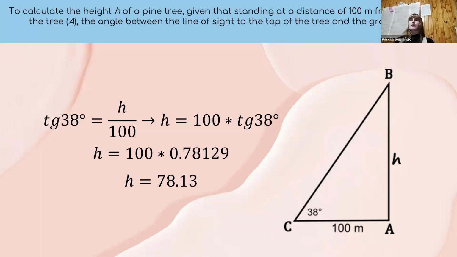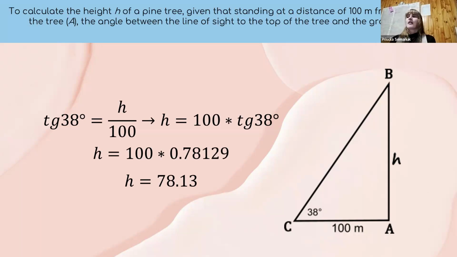I'm standing here, and I see a pine tree 100 meters from me, like straight up. And I say, you know what? I wonder how tall is that tree? So I look up, and I see the crown of the tree, like the top part of the tree, like really, really big.